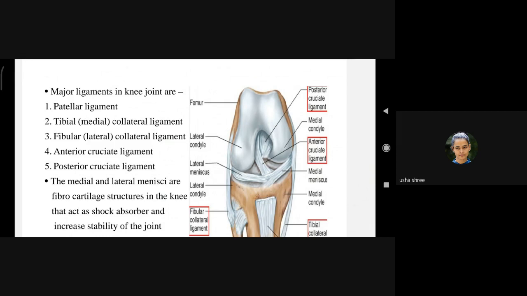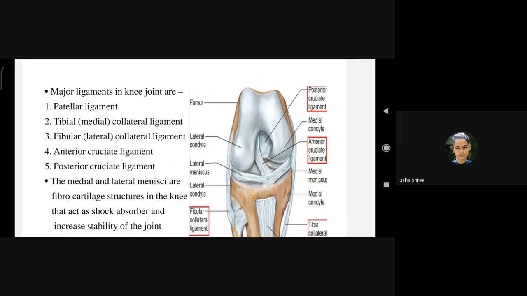So these 5 ligaments are there in the knee joint. These are the 5 main ligaments we can find in the knee joint. What are these? Patellar ligament, tibial collateral, fibular collateral, anterior cruciate, posterior cruciate.